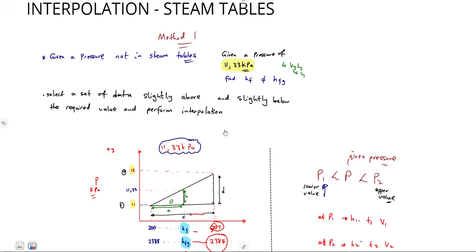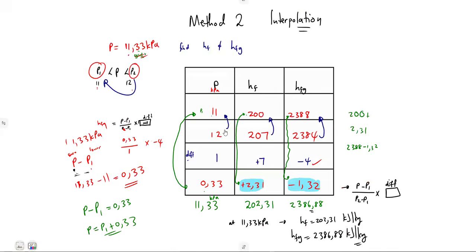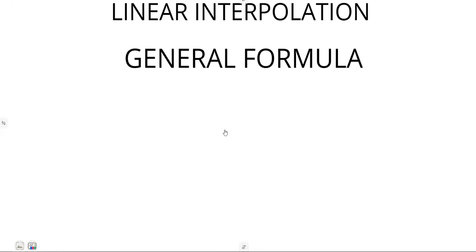So in this video, I'm going to consider using the general formula. Most of you guys, we are into calculations, so we understand much better when a formula is given.